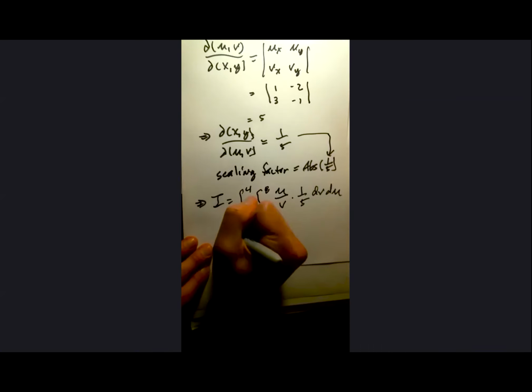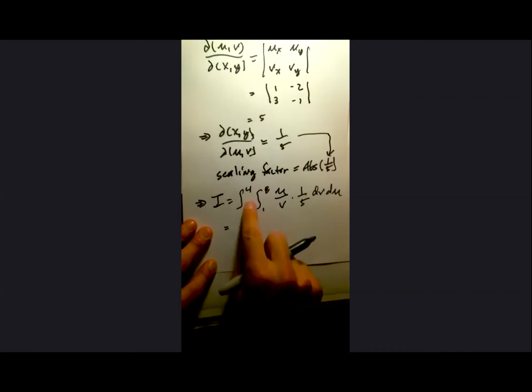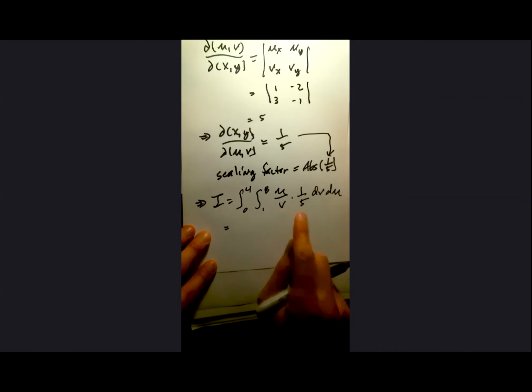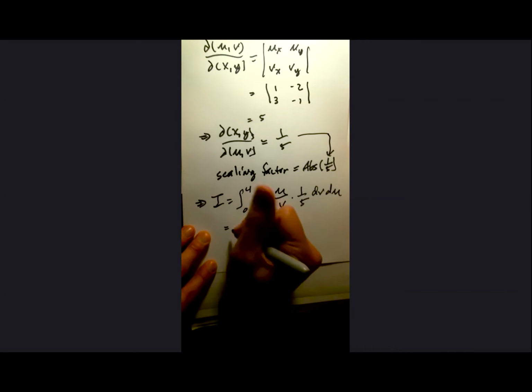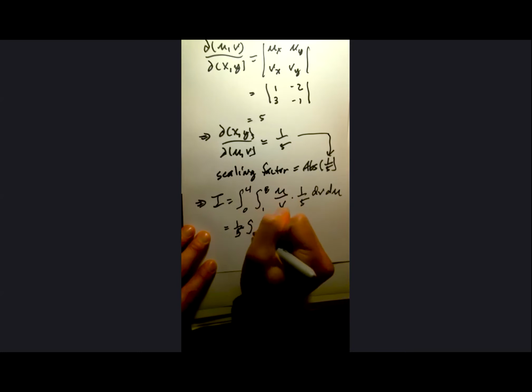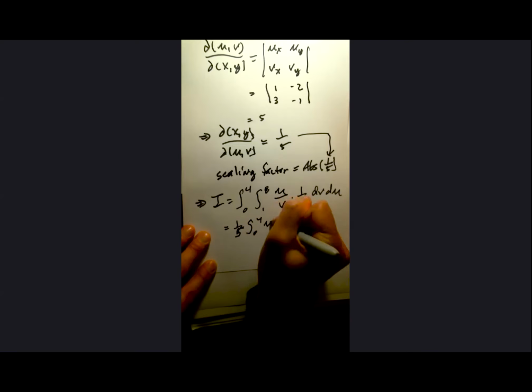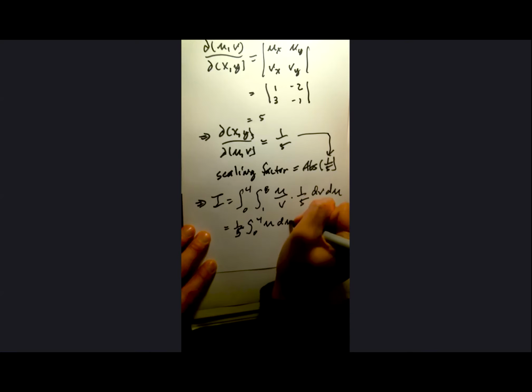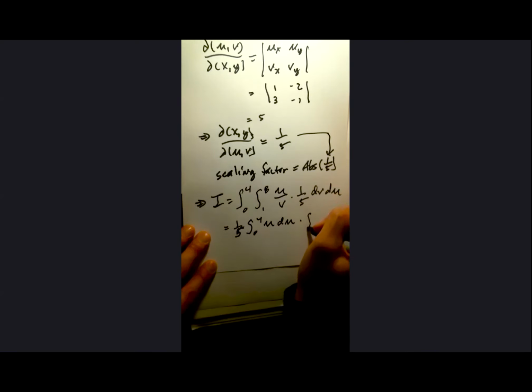Good news, there's no variables in our limits of integration. This is a product or quotient, if you will. So we have 1/5 integral 0 to 4 of u du times integral from 1 to 8 of dv over v.